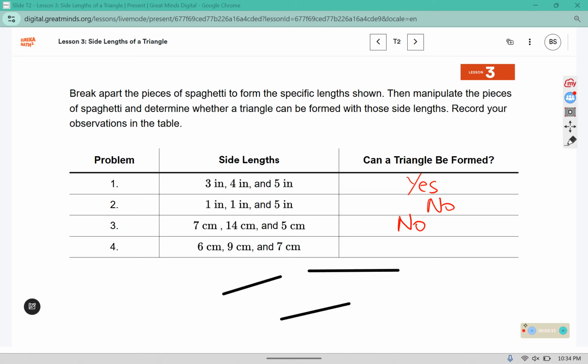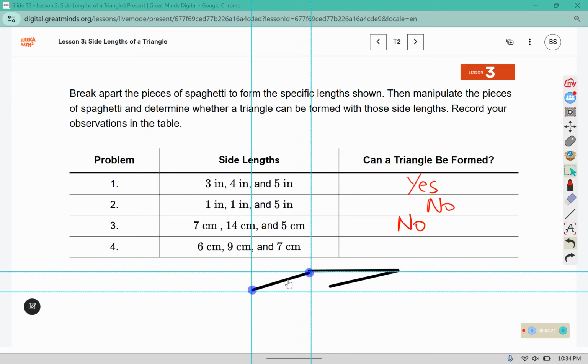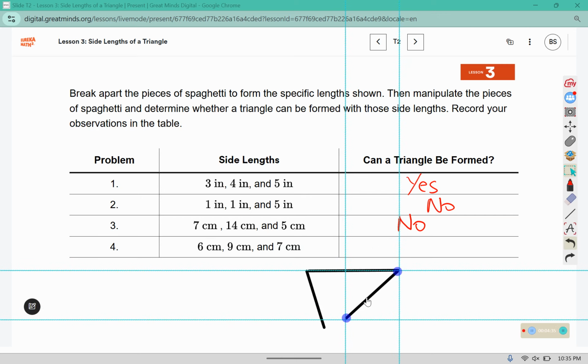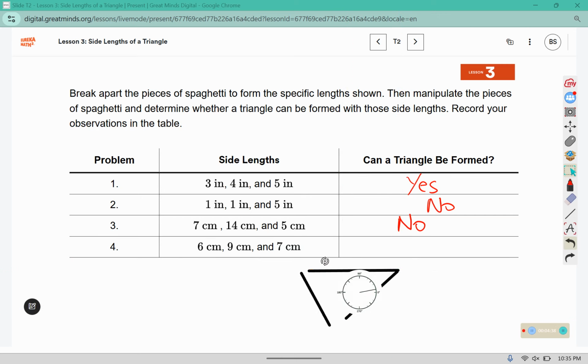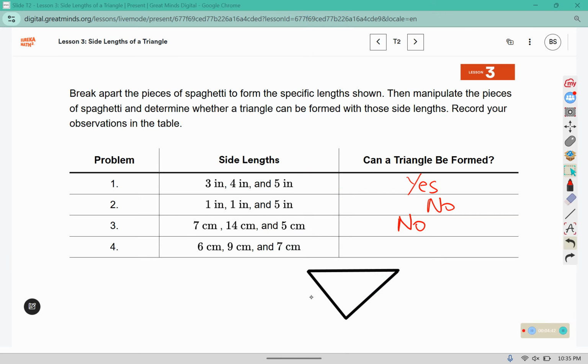Here I have the 6, 9, and 7. I need to rotate so that this endpoint and this endpoint start to go towards each other. And this one is able to form a triangle.